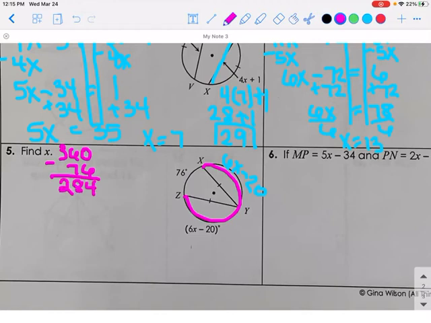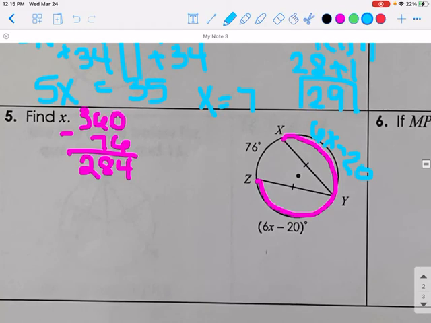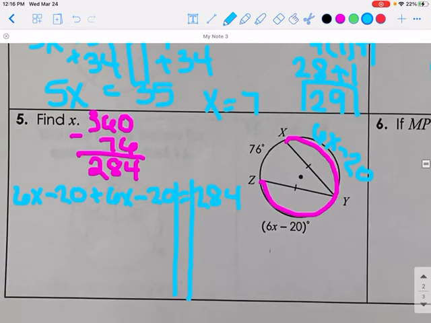So this one's a little different. We have a 6x minus 20. We have another 6x minus 20. And we know that part of the circle is 284. This is a different approach. So first we want to combine our like terms.